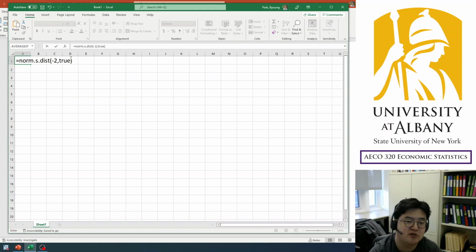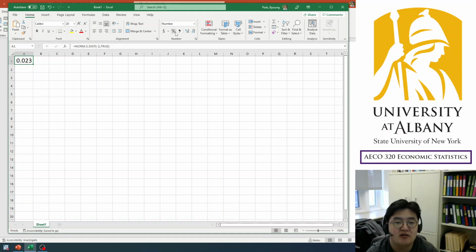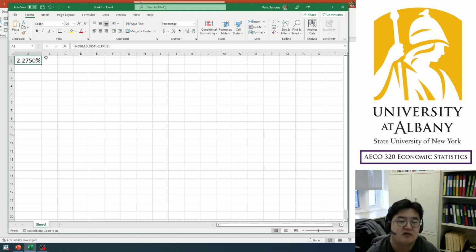The option for the cumulative probability is true. Then this is the probability less than -2. So simply let me use this probability, and this is the probability smaller than -2.